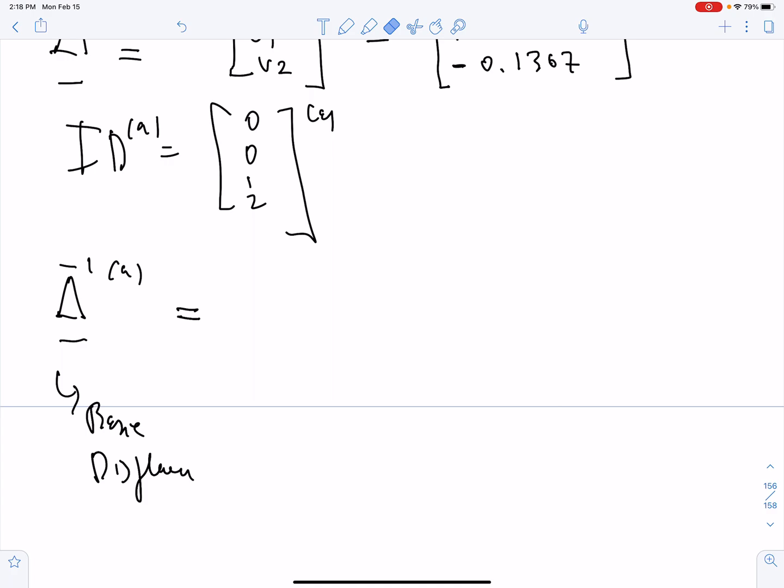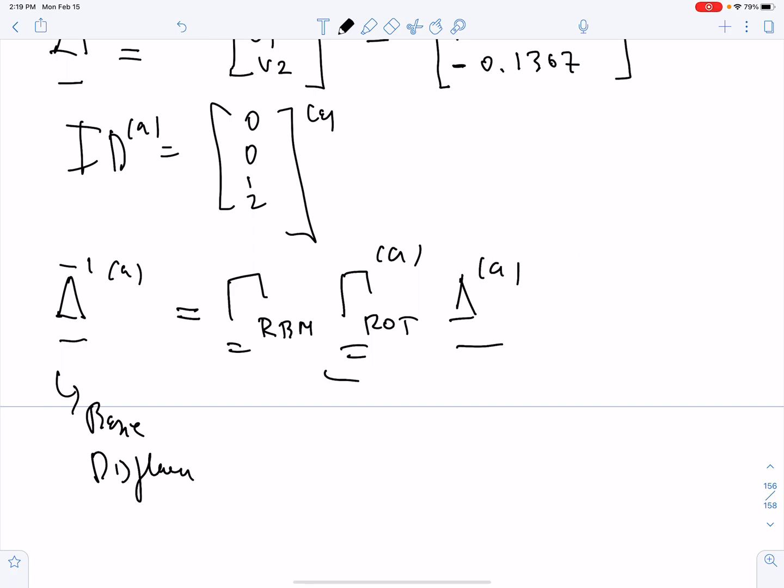You get gamma RBM and gamma ROT for element A times delta A. So the first operation will effectively take the global displacements and convert them to a local coordinate system.